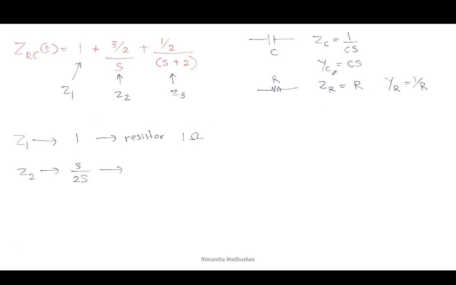If I consider the impedance of a capacitor, you can see the impedance value is 1 over Cs. It is like this Z2. It is a capacitor. We can rearrange this term as 1 over (2 over 3 times s). Then the capacitor value will be 2 over 3.